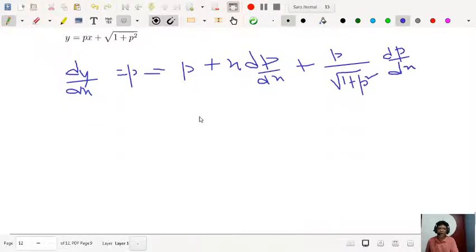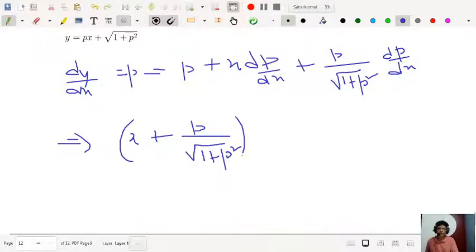Okay, and p got cancelled from both sides, so you will get x plus p by root over 1 plus p square into dp/dx equal to 0.